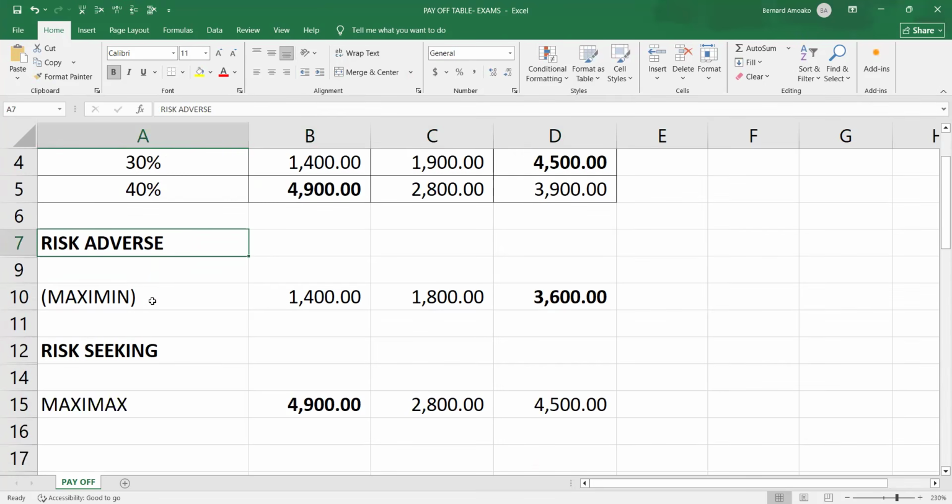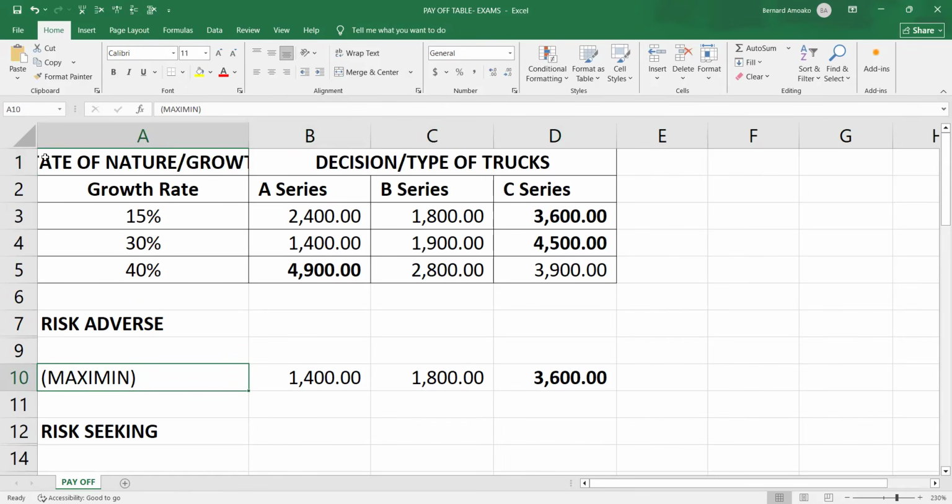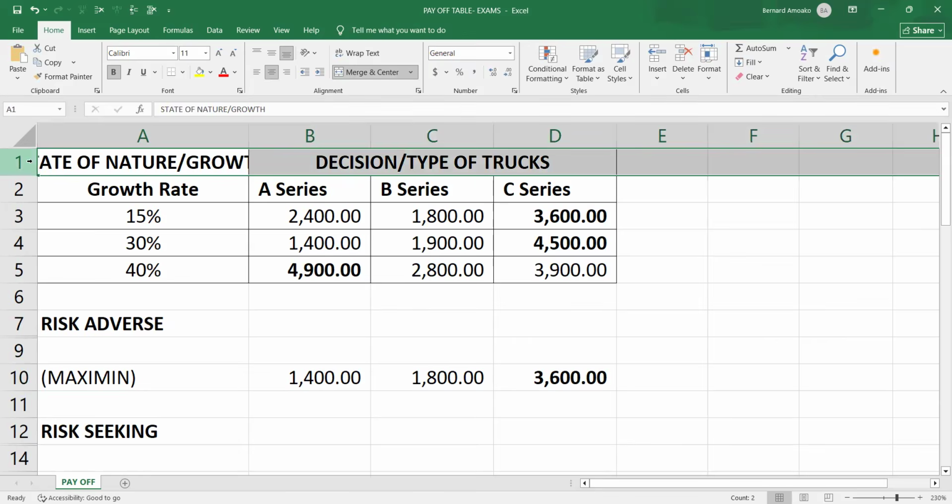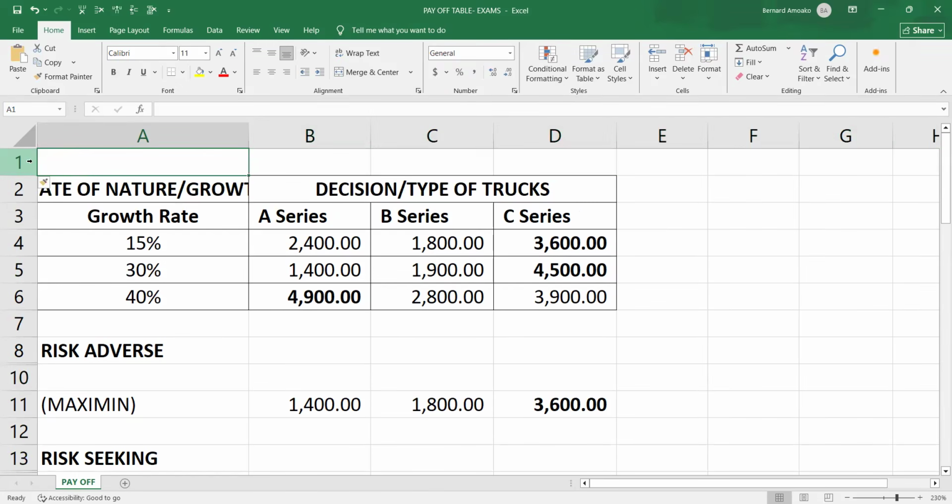Under the risk averse, we use the maximin. Because it was a profit, a contribution function. Please get it, because it was a contribution table. That is why we are using the maximin. If it was a cost, we'd be doing the minimax for the risk averse. So please take note of these things.